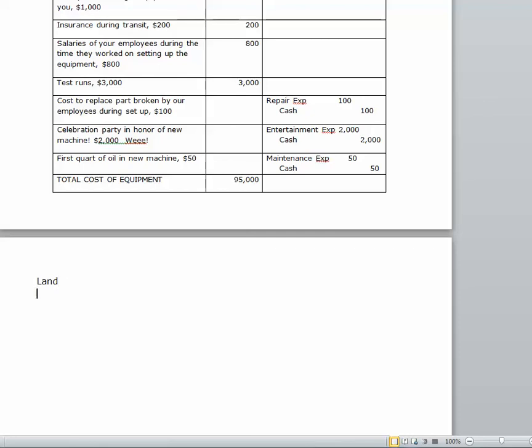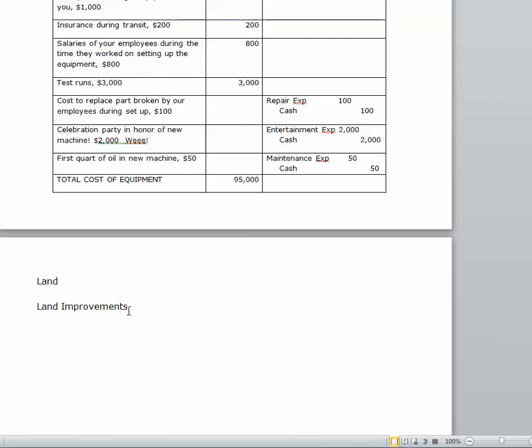Now there's one other account that you'll want to read about in this chapter. It's similar to land, but it's called land improvements. This is an actual general ledger account, and the land improvements account will include things that are done on the land, but they're not really buildings or equipment, so they're things like sidewalks, fences, outdoor lights, parking lots.